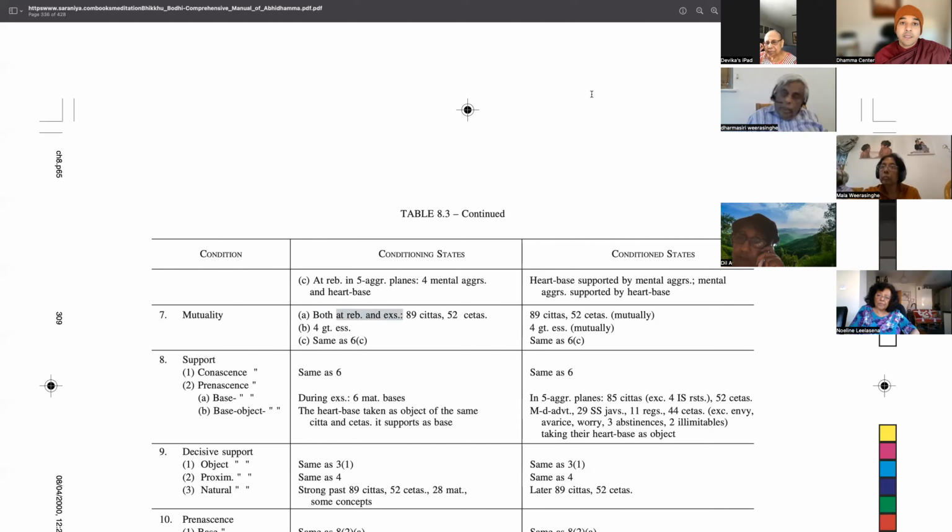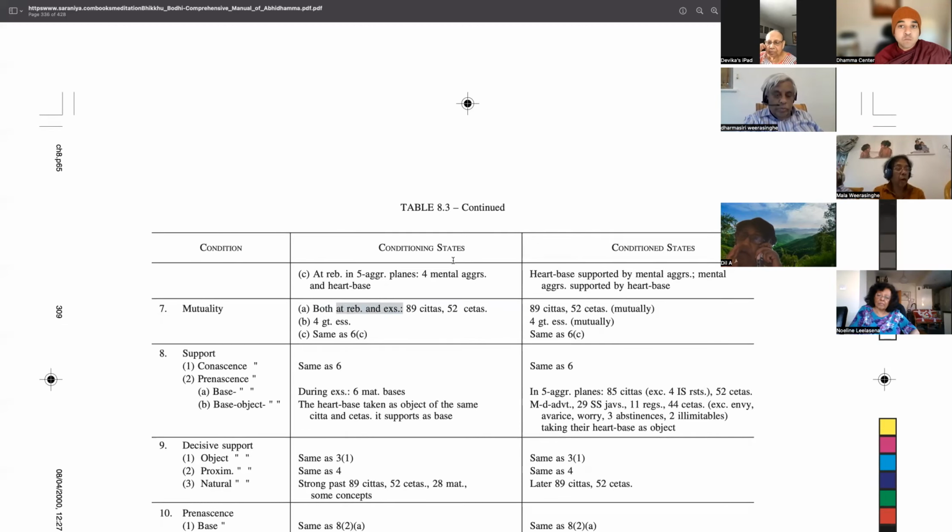Yes, Bhante, I thought Annamanna Paccaya is the mutual support where A supports B and B supports A in return. So if avidya supports sankhara, sankhara can't support avidya. But if we eliminate sankhara, then there's no avidya, isn't it?